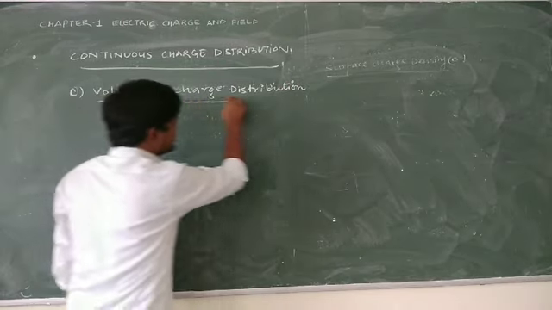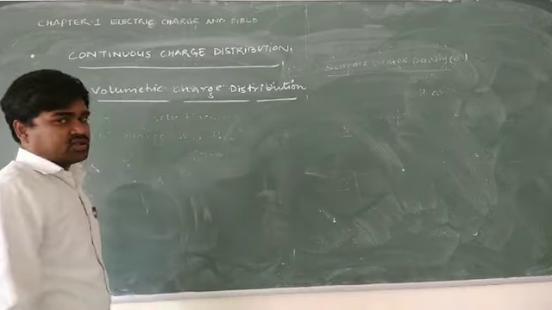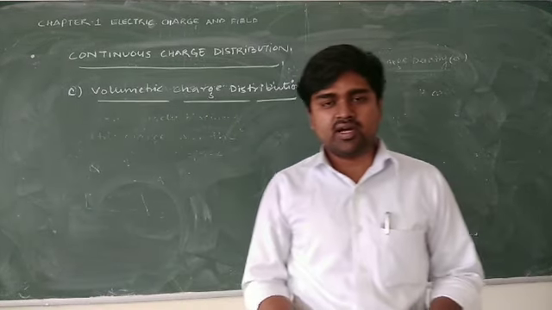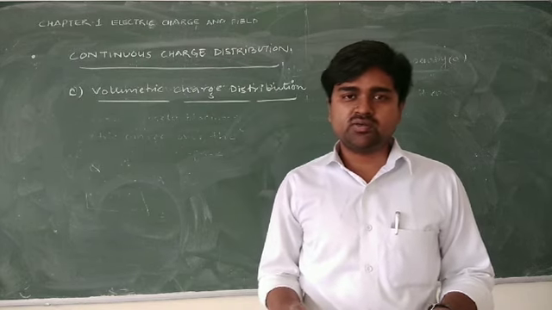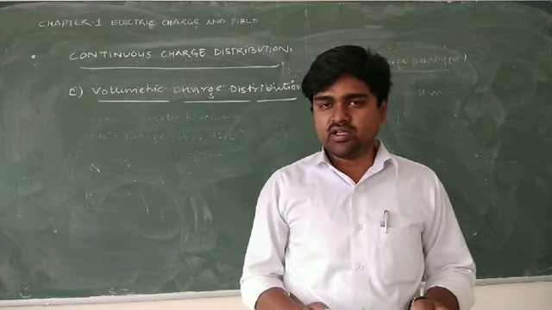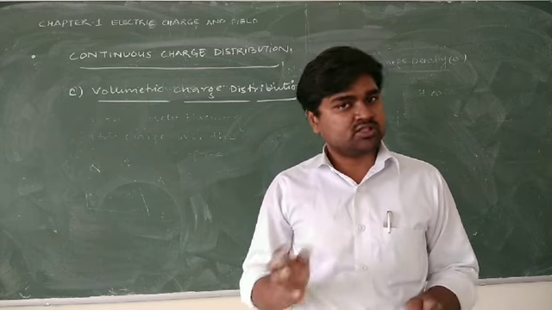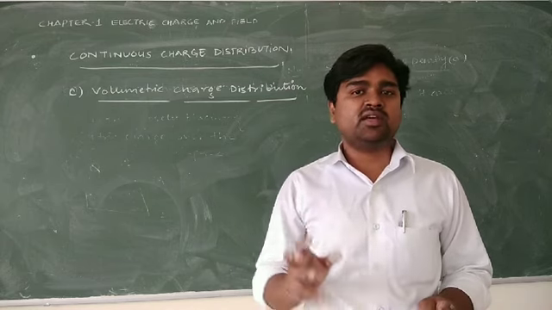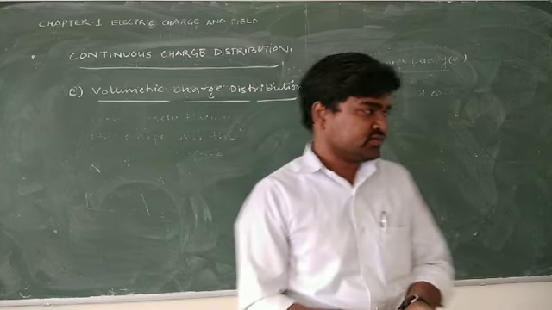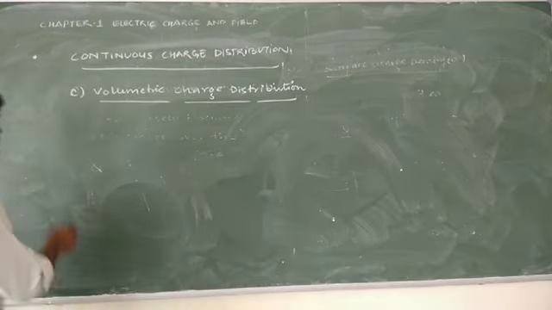In volumetric charge distribution, as you now understand what we are going to write. In volume charge distribution, we place the electric charge very closely over the given volume in space, right? That volume may be cubical or may be cuboid, right? So how can we define it?